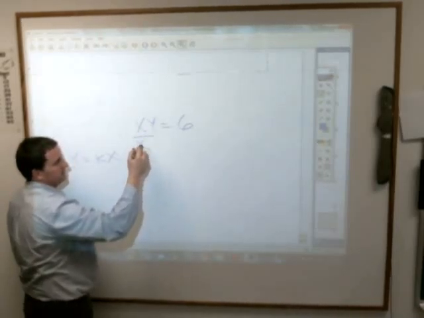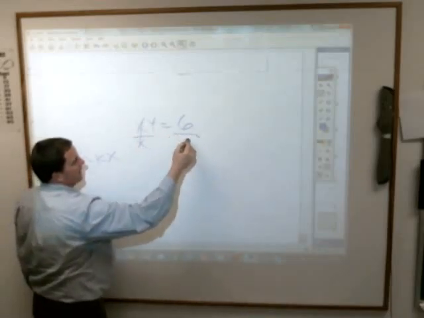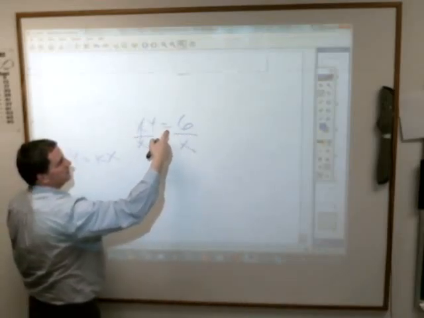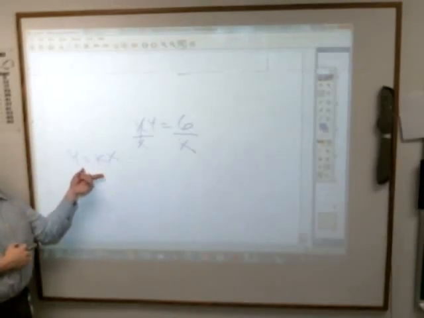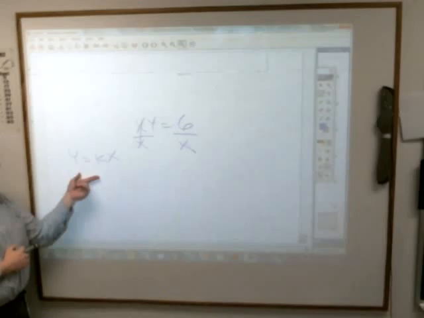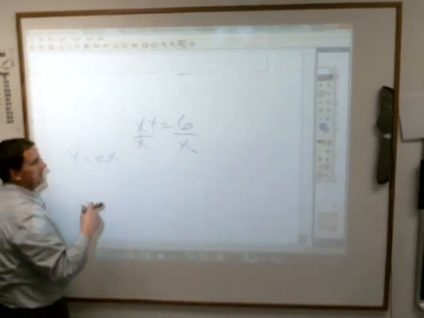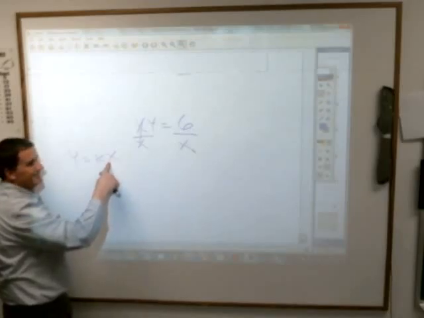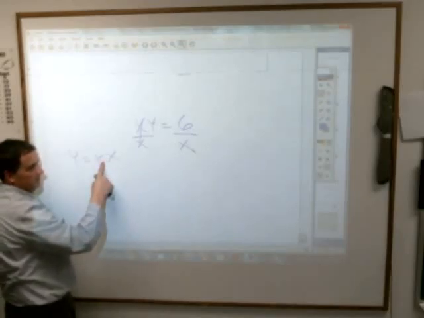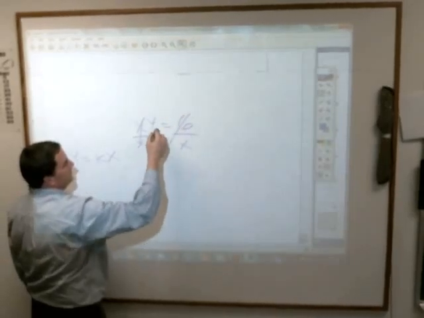Divide by x. So I want the y by itself. So now I have y equals 6 over x. Is it direct variation? No, it is not. Because the x has to be times the constant of variation, not divided by it. So this would not be direct variation.